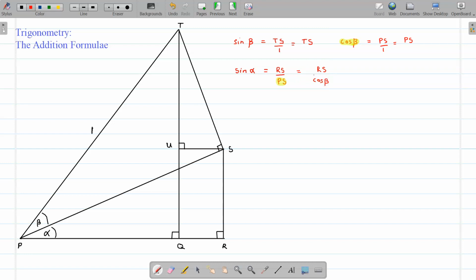And from that I can conclude that the length RS is actually equal to the product of sine alpha and cos beta. So RS is equal to sine alpha times the cos of beta.